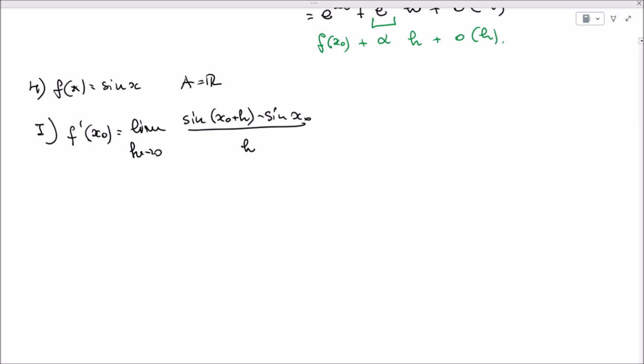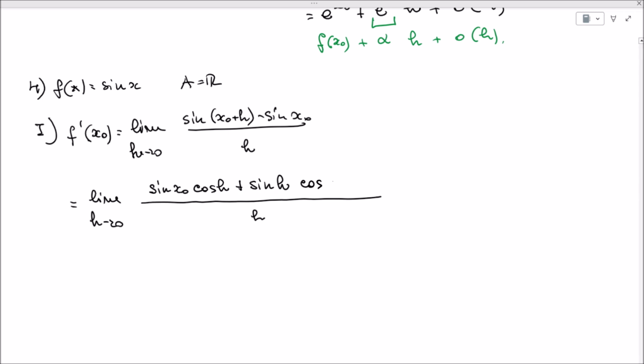Okay, and now let's apply the addition formula for the sine. We get the limit as h goes to 0 of sine of x naught cosine of h plus sine of h cosine of x naught minus sine of x naught.